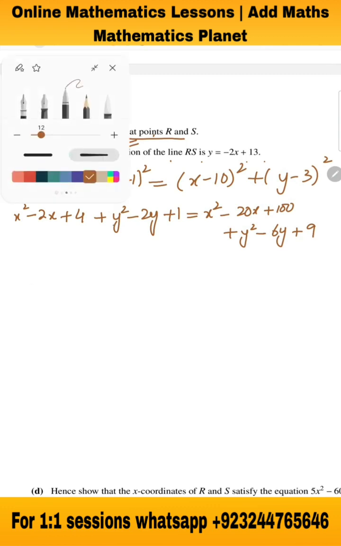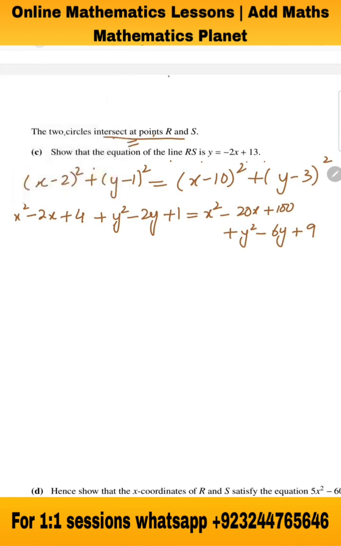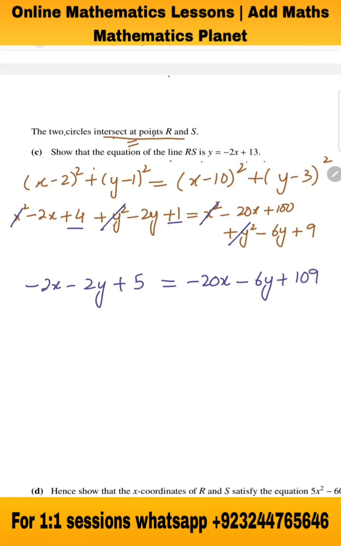So we have x square, y square, and anything similar? No. So it's minus 2x minus 2y plus 4 plus 1 is plus 5. On the other side, it's minus 20x minus 6y plus 109.